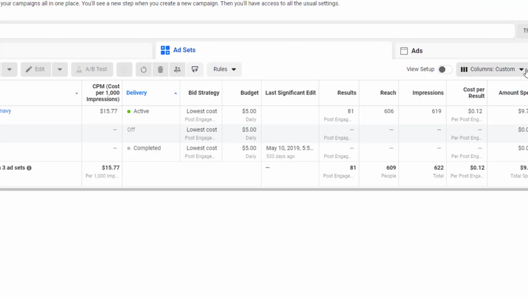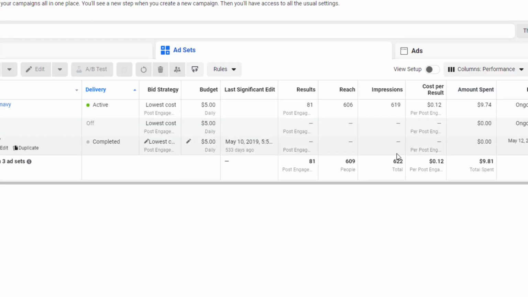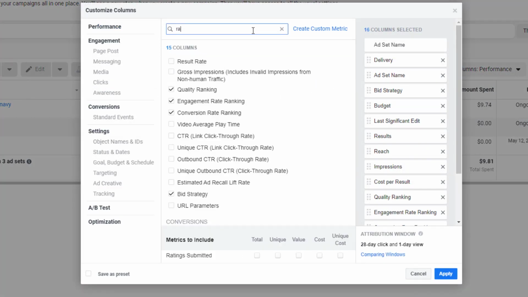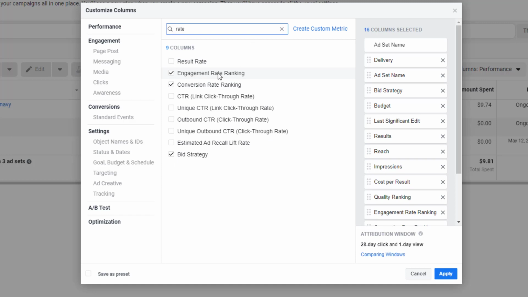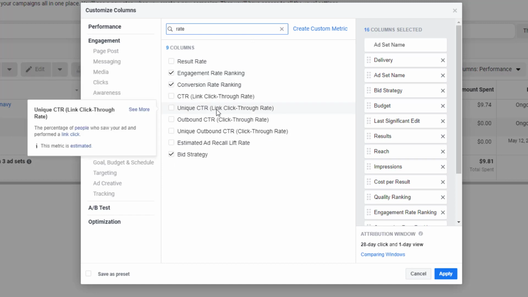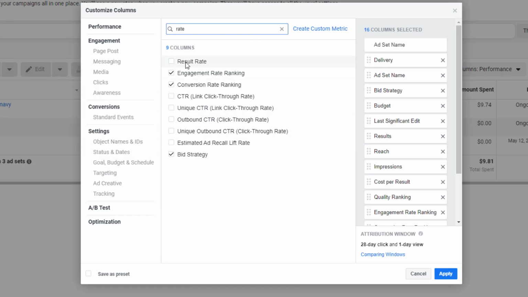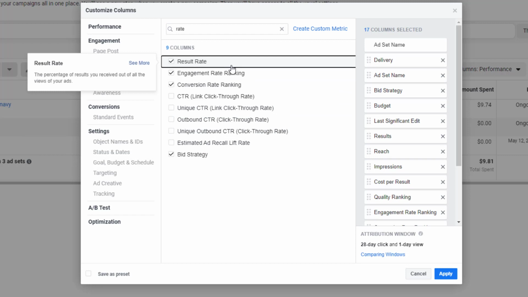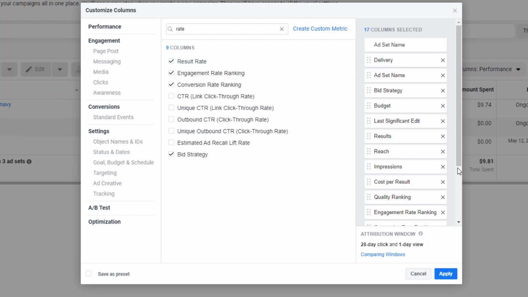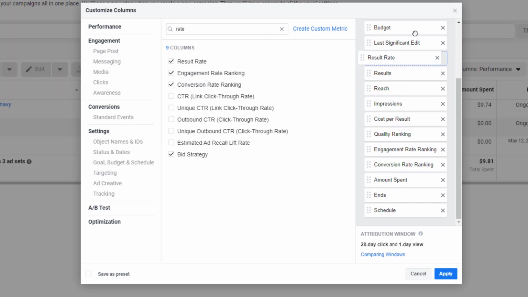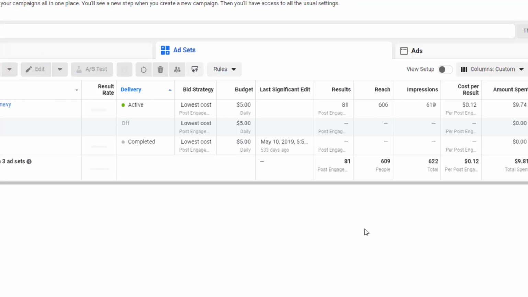If I do a performance view and let's do something for rate, engagement rate ranking, CTR, unique CTR, result rate. I might just quickly look at the result rate. So result rate 13%, right? It's pretty good.